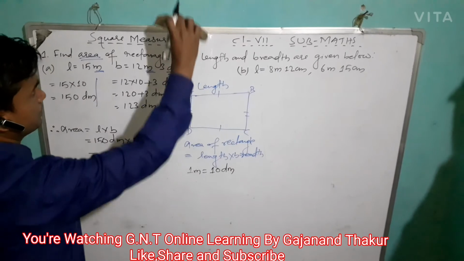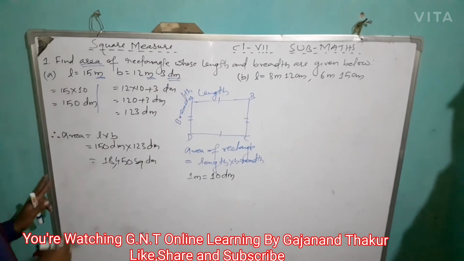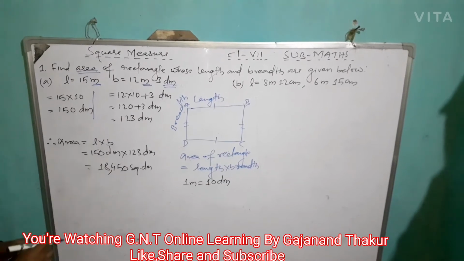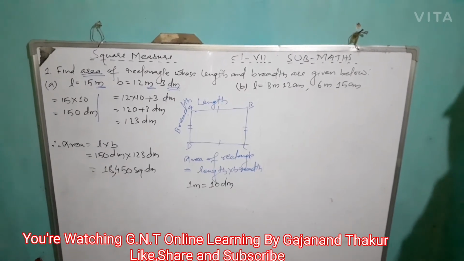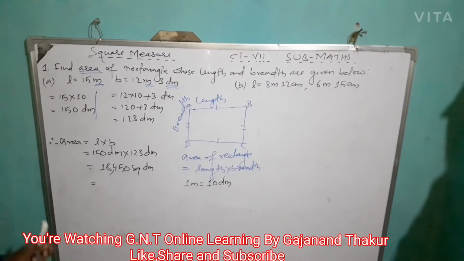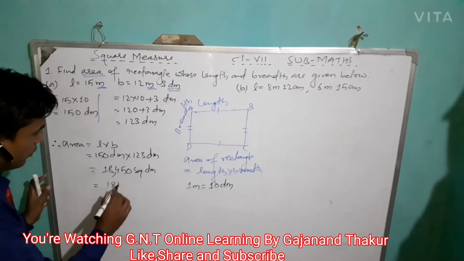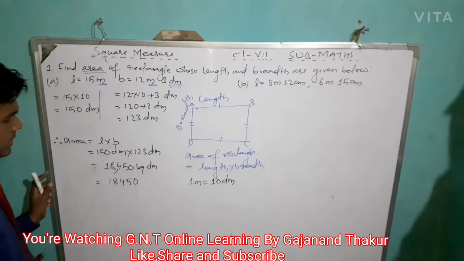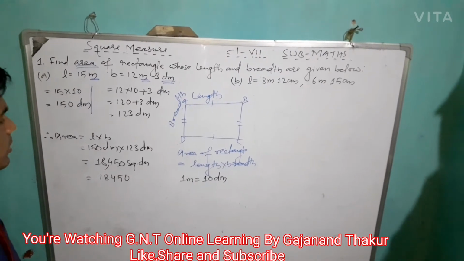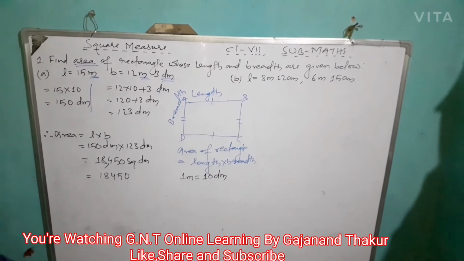Now this is the area. We can convert it into meter and decimeter. We have 18,450 square decimeter. Now I'll convert it into square meter.